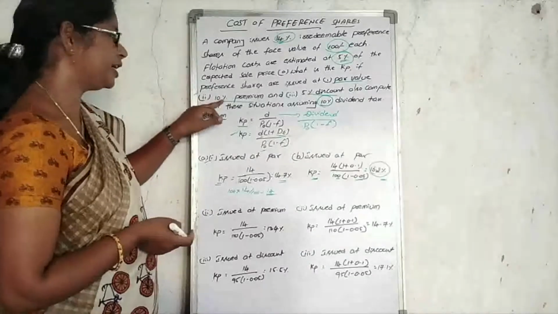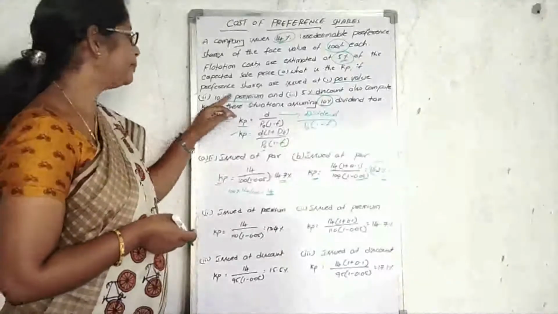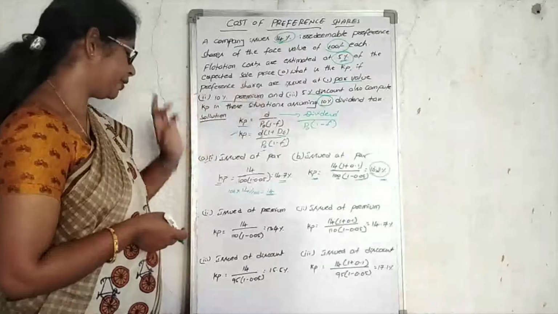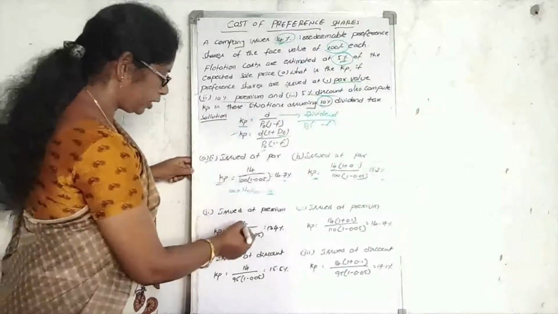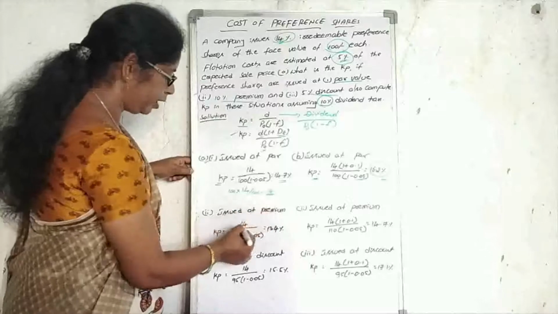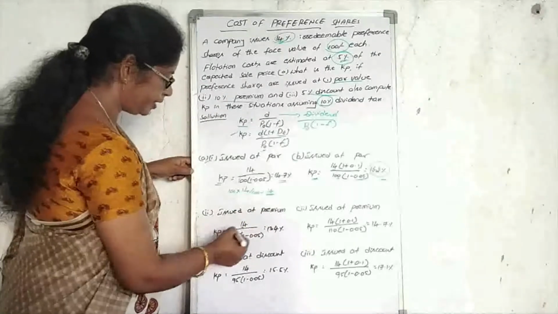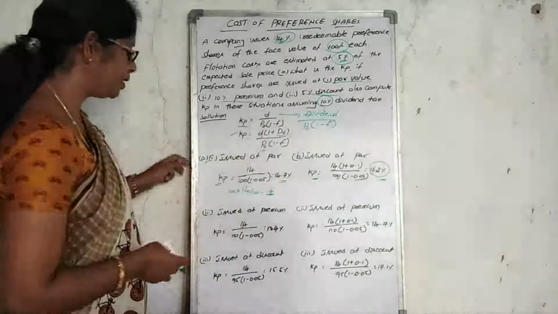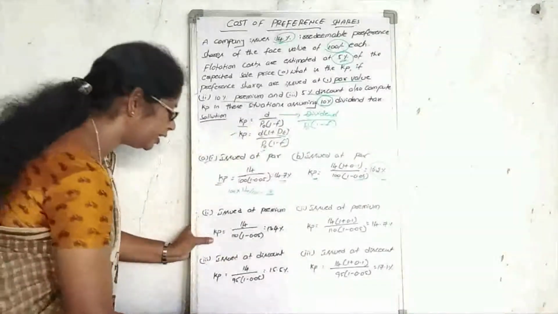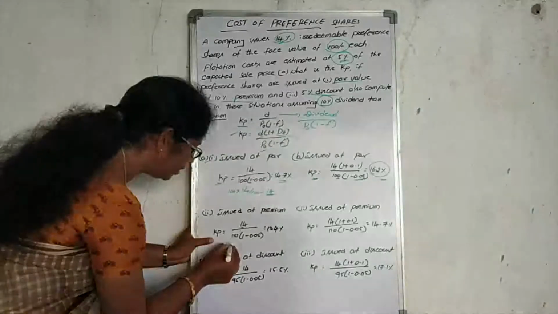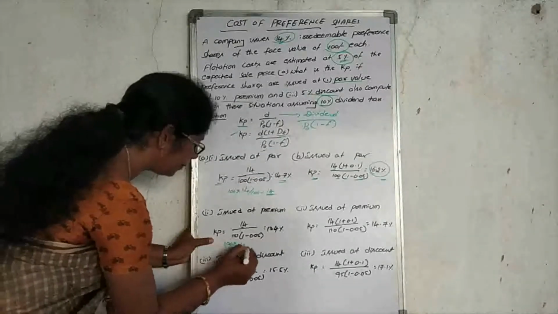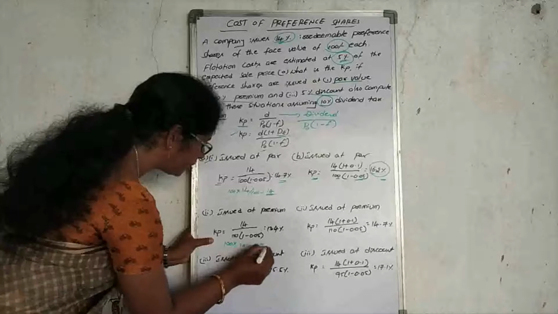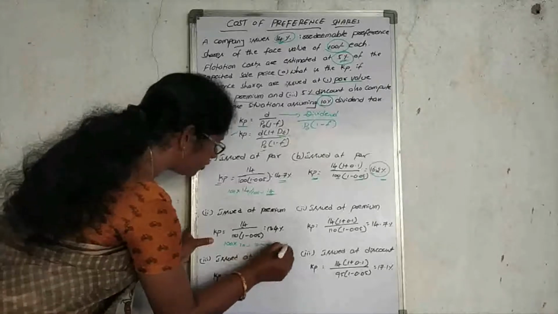So come to the second step. When preference shares are issued at 10% premium, how much is the cost of preference? Dividend we already found, 14 rupees, divided by P naught. How much value are they issuing here? 100 rupees as the face value and a 10% premium, that equals 10 rupees. 10 rupees plus 100 equals 110 rupees.